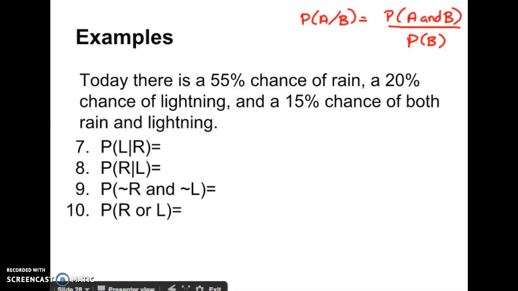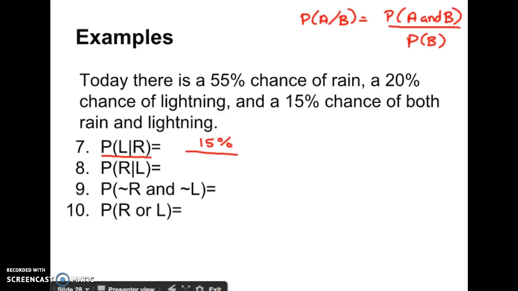So number one stands for the probability that it lightnings given that it's going to rain. So you already know it's going to rain, and it wants to know the probability that it will lightning, knowing it's going to rain. So I'm going to have a fraction, and it says in the formula, find the probability of both things happening. Put that on top. The probability that it lightnings and rains is 15%. That's given to you in the problem.